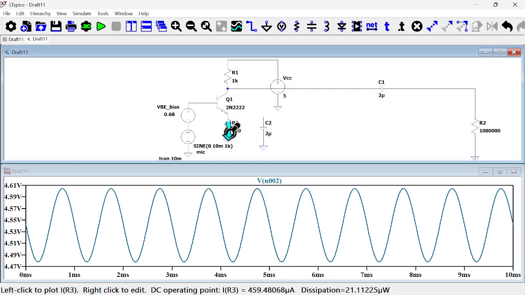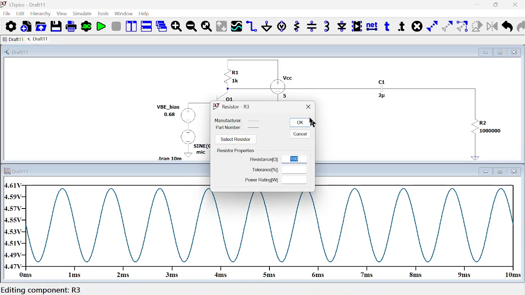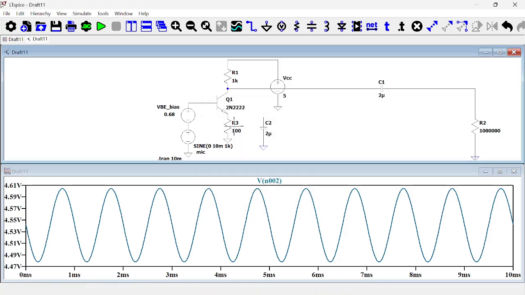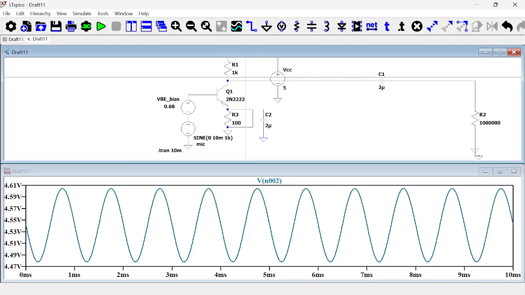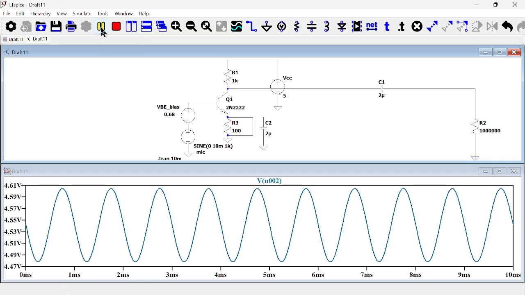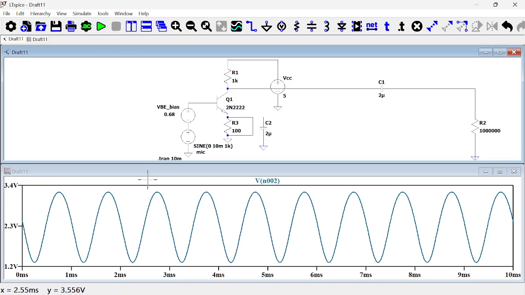Now if I take out this resistor, I could have just short-circuited it. So let me take it out with a short circuit. So basically it doesn't exist to anyone, both AC and DC, because it's just a short circuit. And I run this, then the midpoint voltage has now come down.